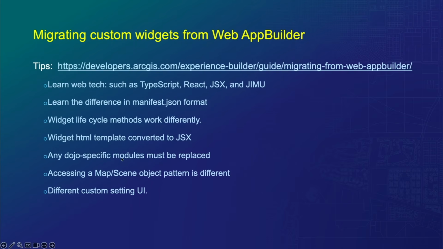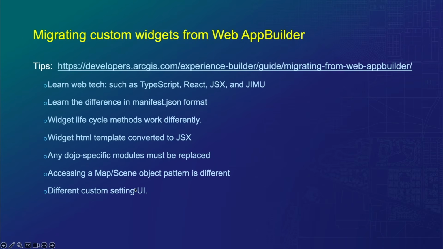Also, any Dojo-specific module should be replaced, because they are not going to work in Experience Builder. And then the pattern for accessing map or scene objects is different, as now in Experience Builder, you can have multiple maps or scenes in one single app.